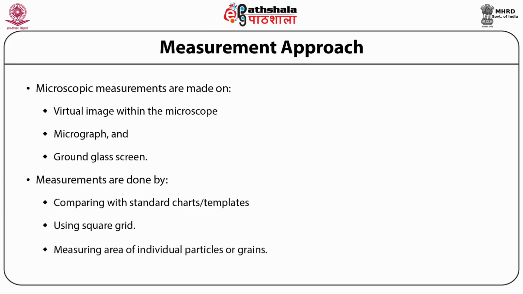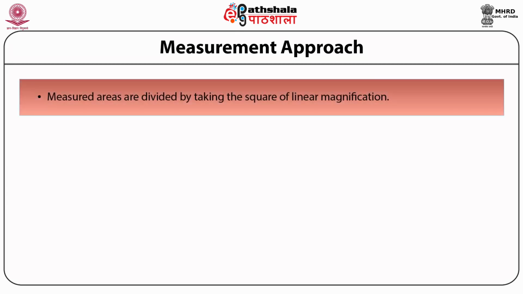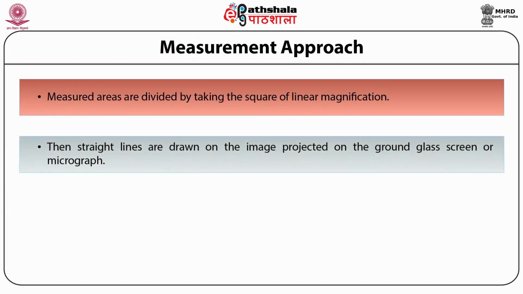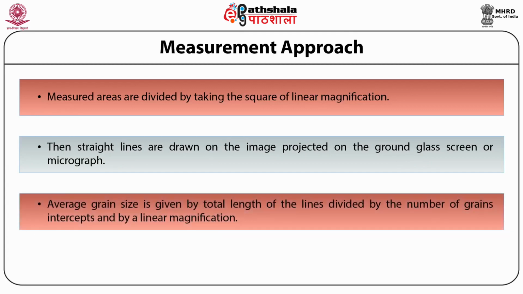Third, measuring the area of individual particles or grains can facilitate the measurement. The measured areas are divided by the square of the linear magnification, then straight lines are drawn on the image projected on the ground glass screen or micrograph. Average grain size is given by the total length of the lines divided by the number of grain intercepts and the linear magnification.